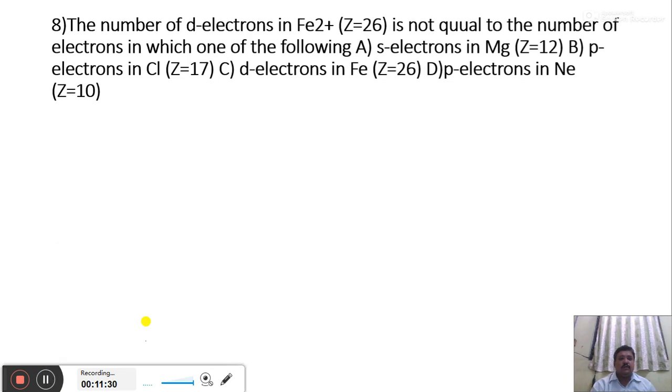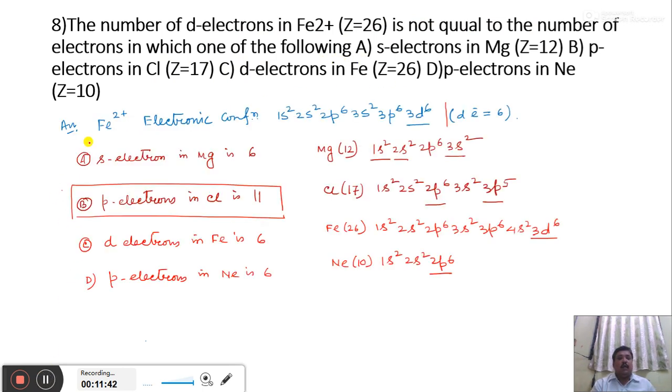My next question is: the number of d electrons in Fe2+ is not equal to the number of electrons in which of the following? There are four options, but the actual answer is: the electronic configuration of Fe2+ is 1s2, 2s2, 2p6, 3s2, 3p6, 3d6. So the number of d electrons is 6.